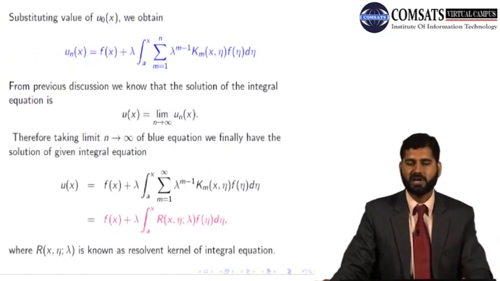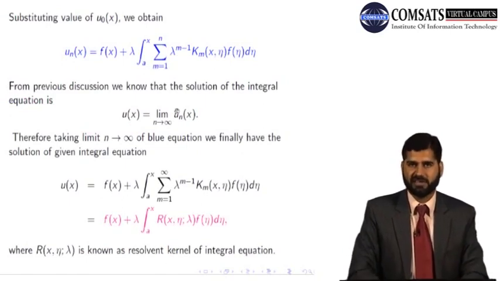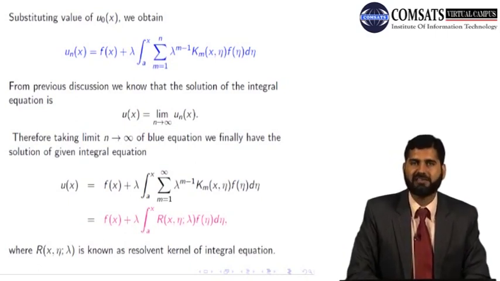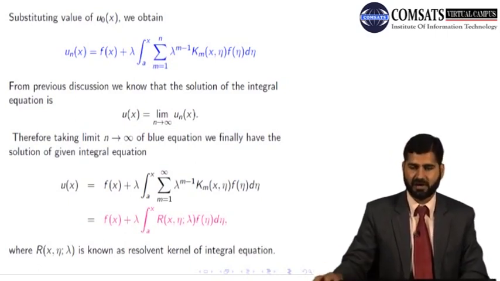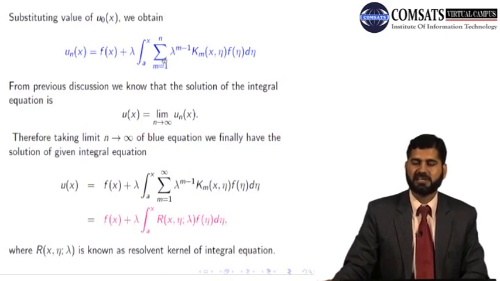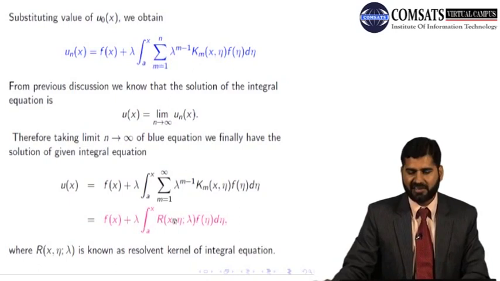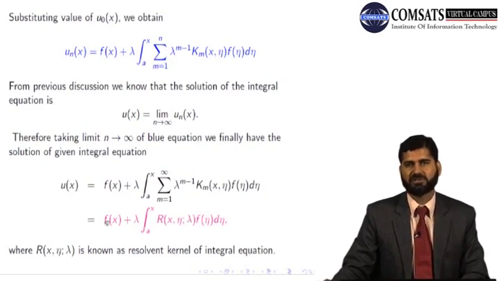What we do is find k1, k2, k3, k4 from that recurrence relation, and substitute them in the resolvent kernel formula, the summation of lambda to the m minus 1 times km. This gives us the resolvent kernel, and we replace the kernel in the original equation with the resolvent kernel and find the solution.